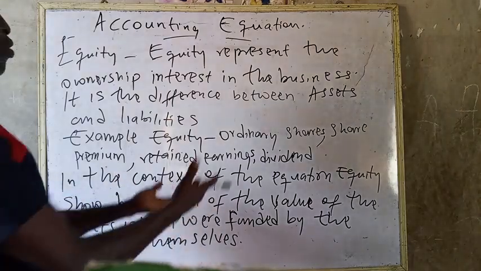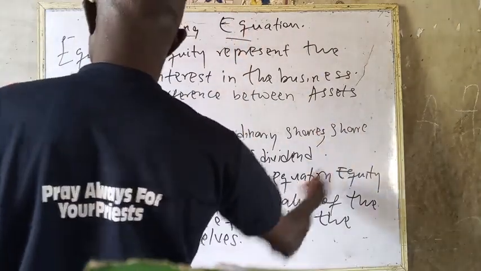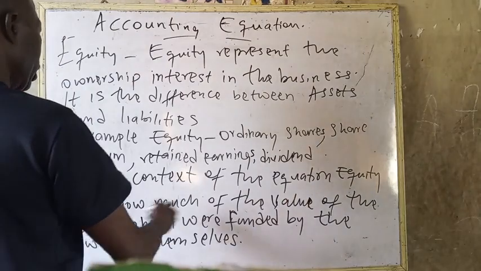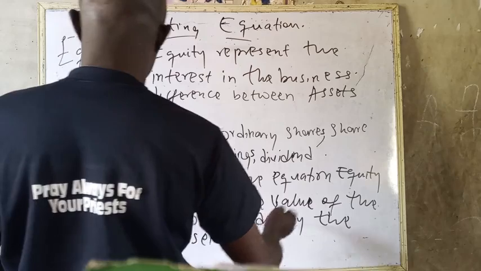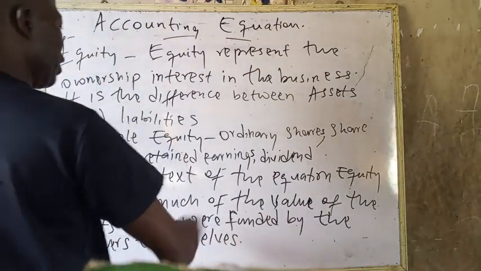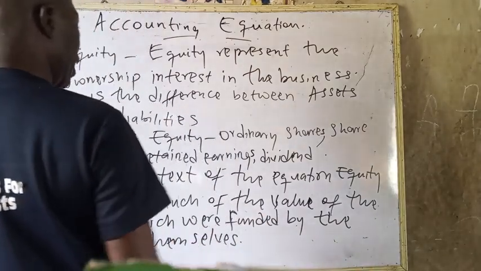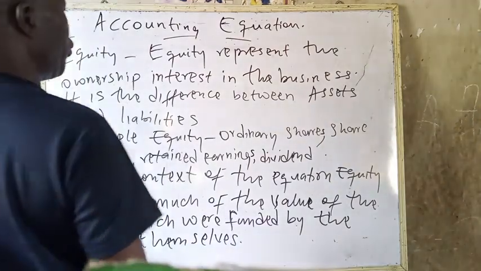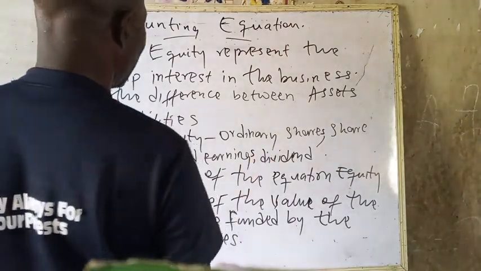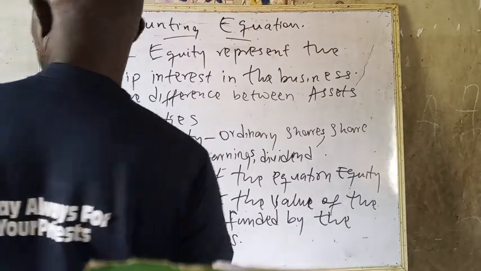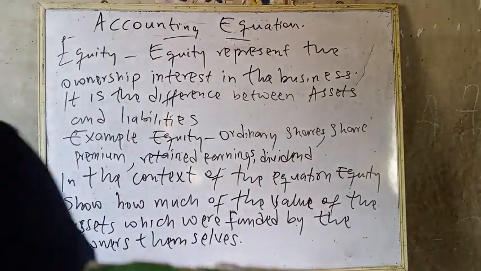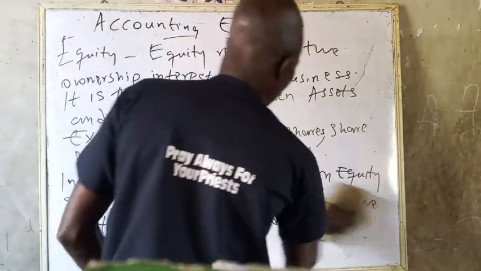Then, in the context of the equation that we are talking about, equity shows how much of the value of the assets were funded by the owners themselves, not the amount they borrowed, the portion of the asset that they funded by themselves. Then, summary of what we have just said so far.